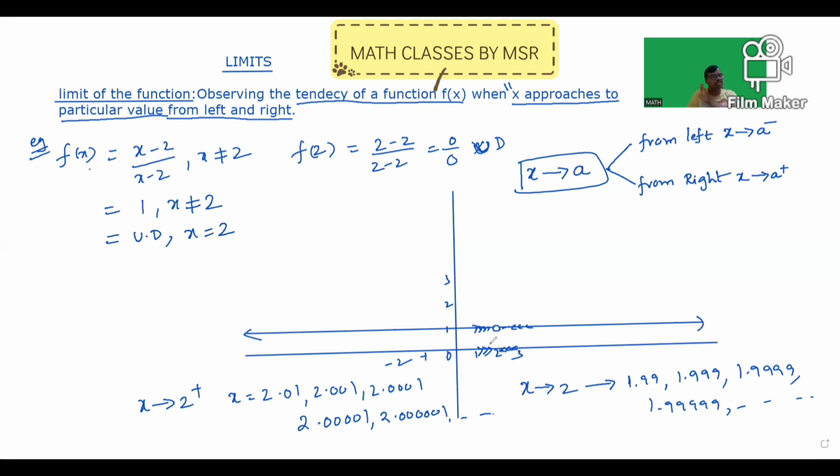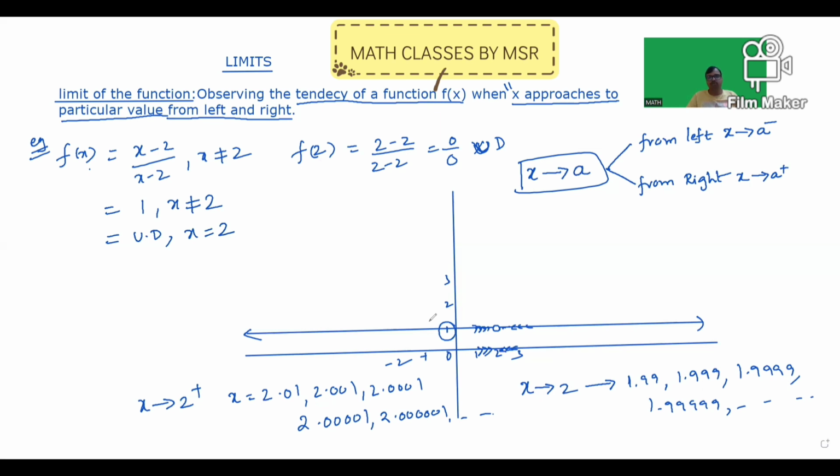At x equals 2 there is no value, it is not defined, but in the neighborhood of 2, the value of f of x is approaching some particular value, that is 1 here.